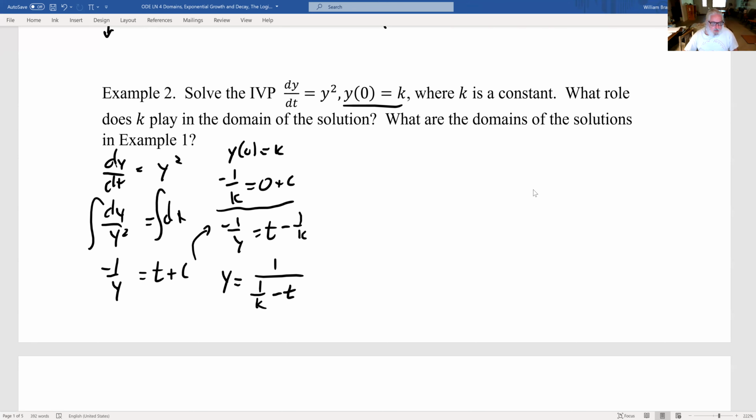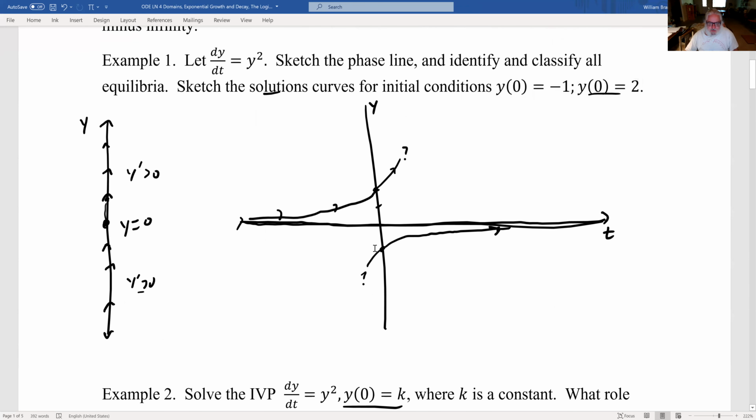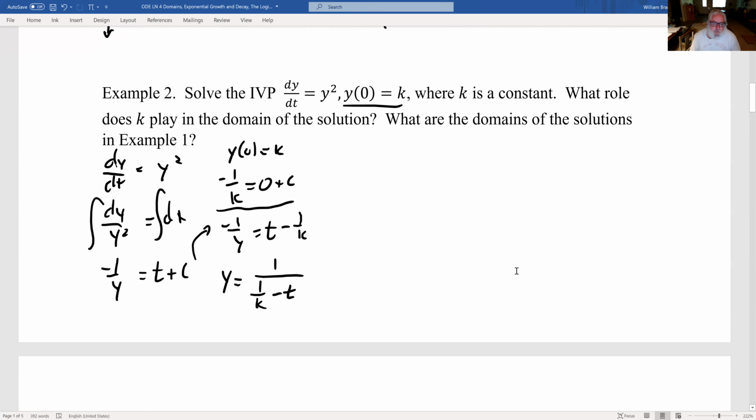So there's our solution. If we take y of 0 equals -1, that's this bottom curve. Then this becomes y equals 1 over -1 minus t, right? That's what we plug in for k.